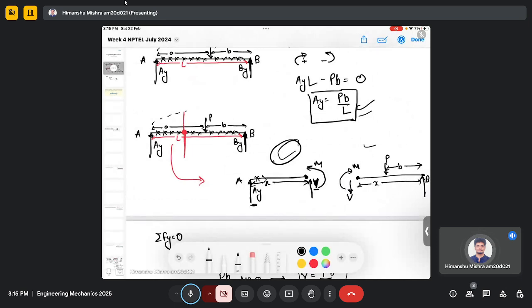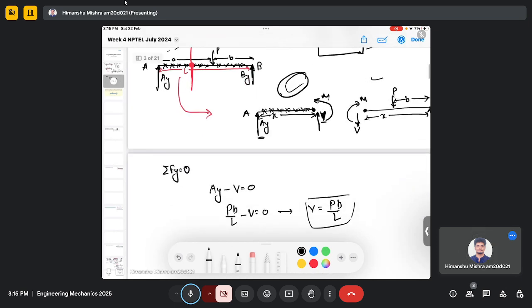So at each point, the force will be the same. So the beam is experiencing the same transverse force loading at each point. So it remains constant, PB divided by L.